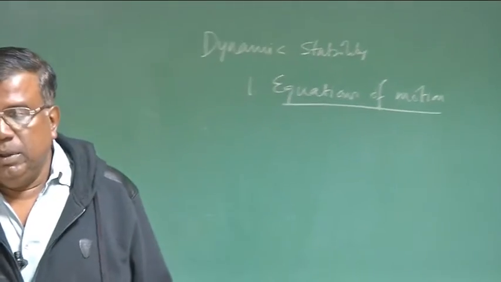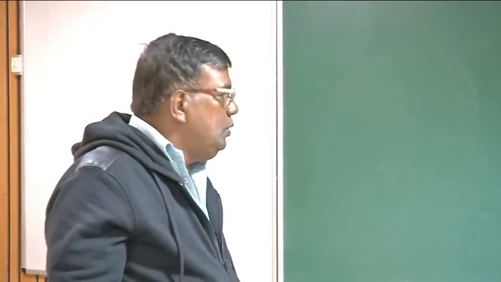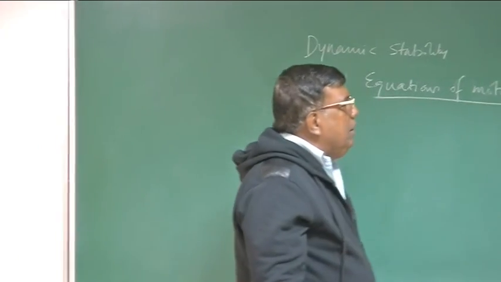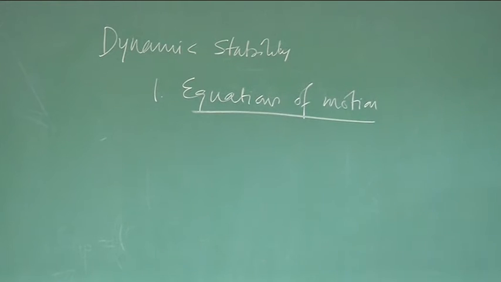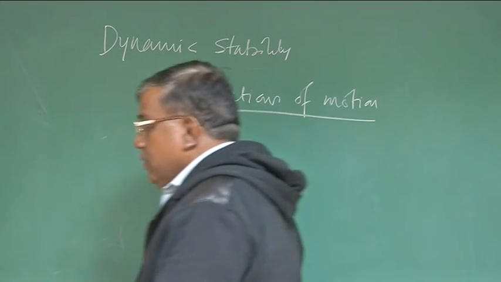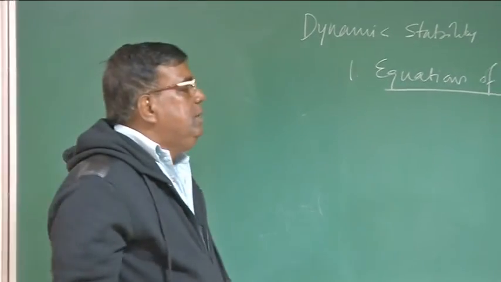Just to give you an example of what equation of motion means for a flight vehicle, I will take a simple example and try to share with you, or create a roadmap for the final six-degree-of-freedom equations of motion. So let us take a simple example, right?